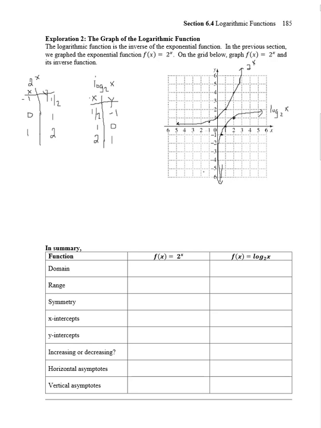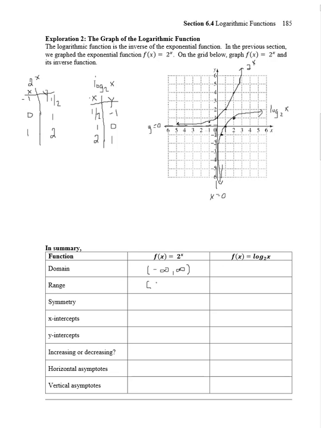Now, we also, remember, have a horizontal asymptote for 2 to the x, right? At y equals 0. Well, that also flip-flops, so we have a vertical asymptote at x equals 0 for our log base 2 of x function. So, if we summarize, if you recall, the exponential has a domain of -infinity to infinity.